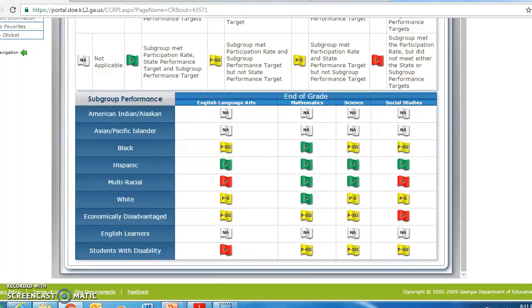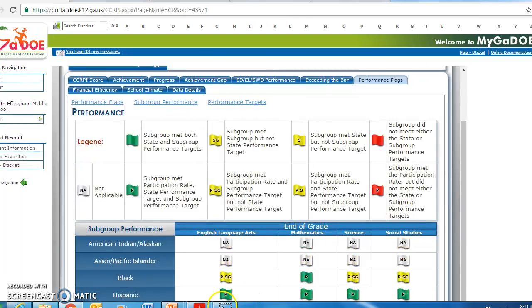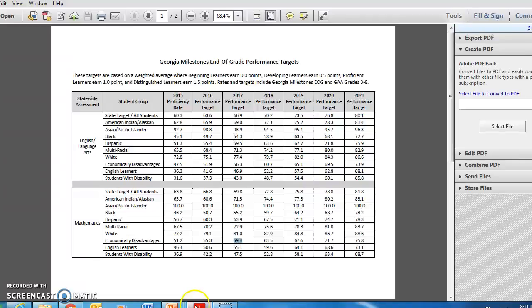So let me show you those performance targets. What does that mean? If you remember looking at English language arts for economically disadvantaged, the performance target last year was 51.9. What you need to understand is this year it's jumping up to 56.3.